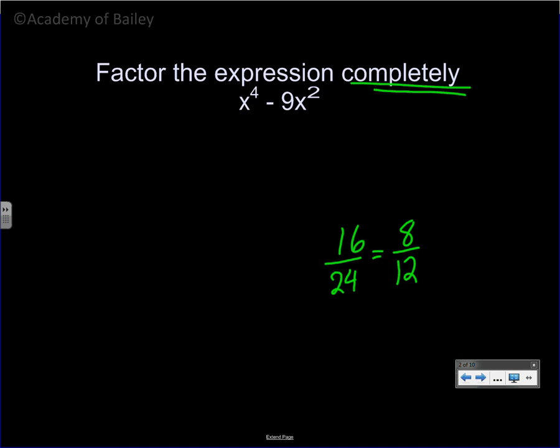Well, 8 over 12 is simplified, but it is not the most simplified version. The most simplified version is probably going to be 2/3. And so this is what we're trying to get. We're trying to not stop here, but we're trying to get to this point when factoring completely.